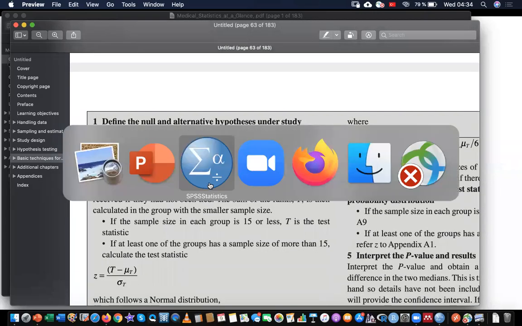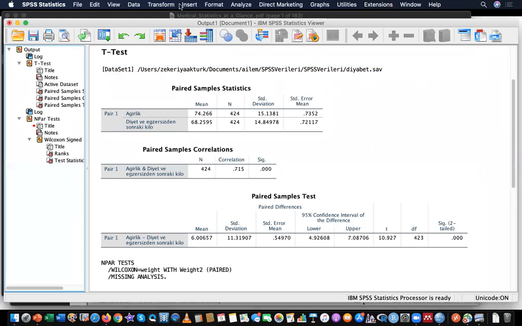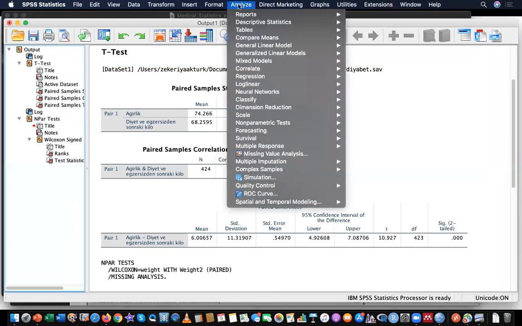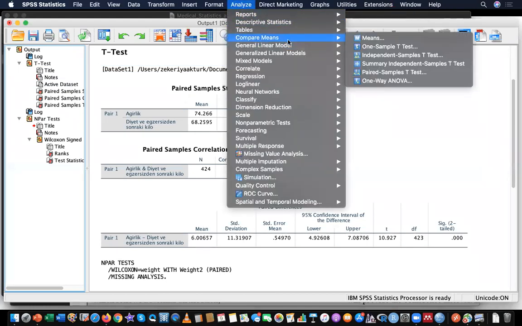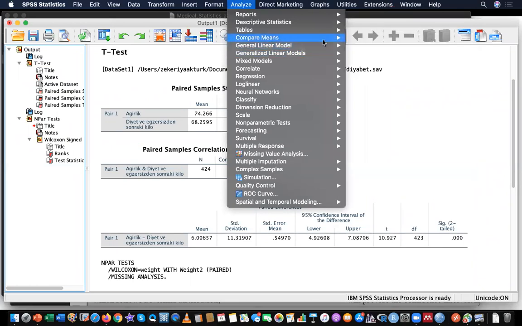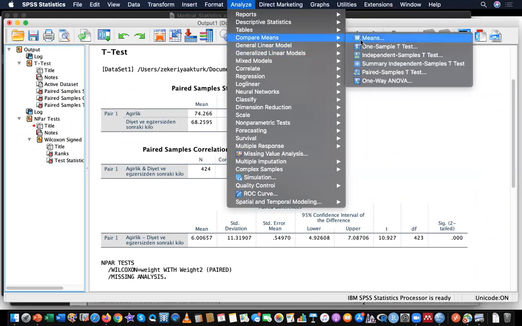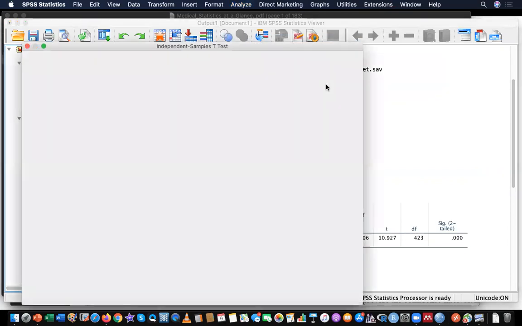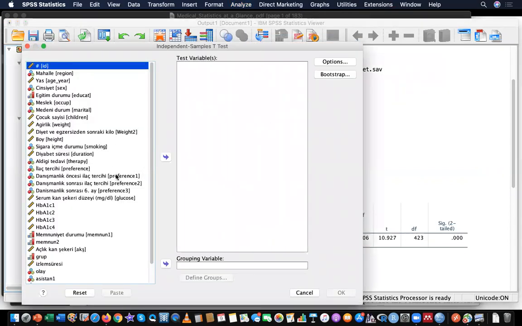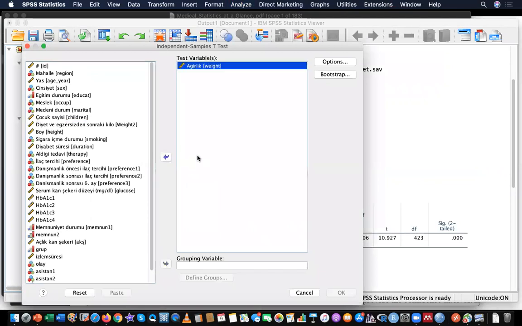Let me demonstrate this with SPSS. Analyze, compare means, independent samples t-test. The variable I want to compare is weight.